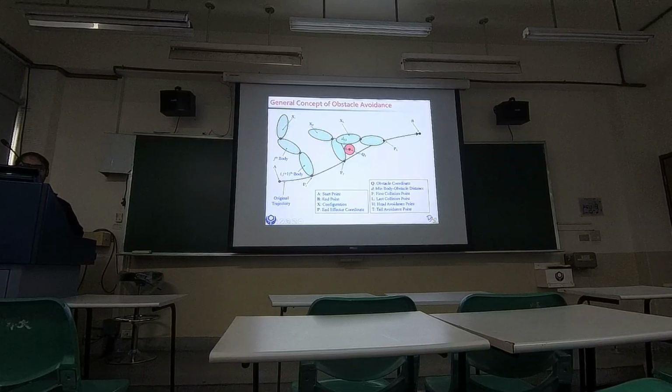This will be the last collision point, when it moves after colliding, it moves to the last point. And this is the distance between the centroid axis of the body at the last collision point and the body of the arm. So this is the robot collision region where the robot is colliding with the obstacle. This is the important region where the collision happens.